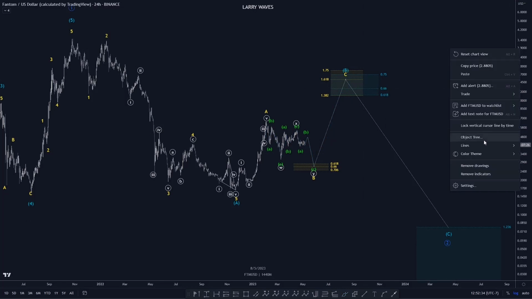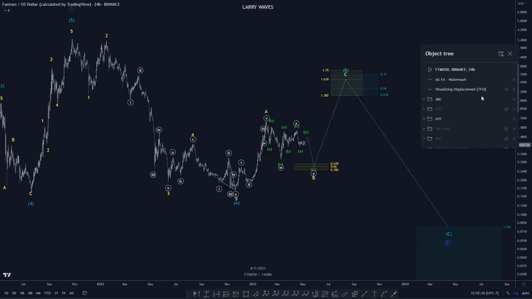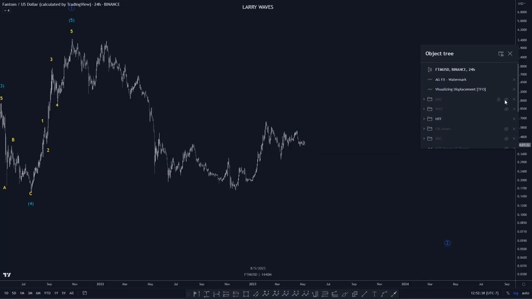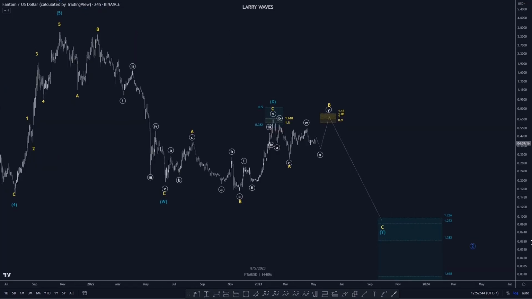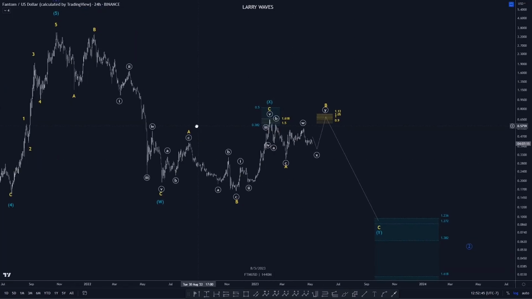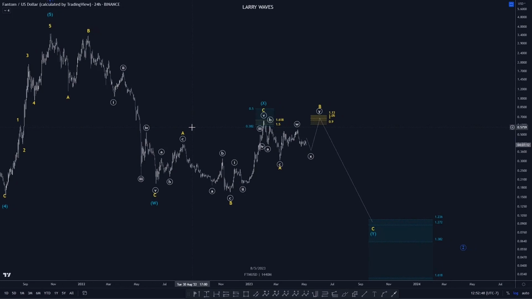But just like with the other assets we're reviewing, we have an alternative WXY. Don't really like the look of this one at all, because there's basically only two ways I can see this.